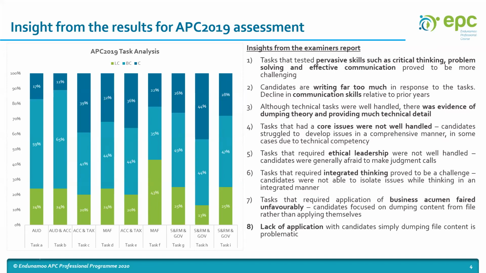When you go through it, you'll be able to answer the question: was it coverage that I was required to get right? Was it depth? Was it integration skill, critical thinking, and so on?